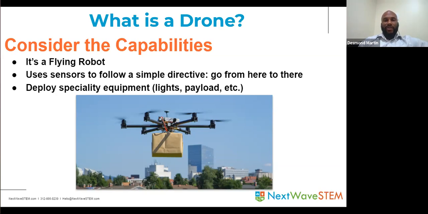A drone is a flying robot, and that's a loose definition. It's honestly too general, but for 90% of drones that exist in the world, and for 99% of the drones that your students might actually fly, both in their learning careers, in their academic careers, and in their professional careers, it's going to be a flying robot.